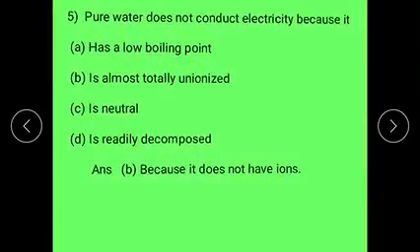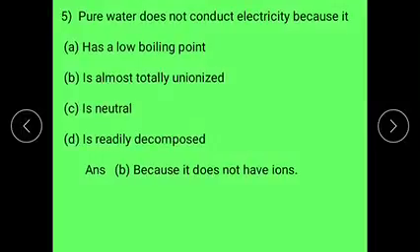Next one is question number 5. Pure water does not conduct electricity because A. it has a low boiling point, B. it is almost totally unionized, C. it is neutral, D. it is readily decomposed.